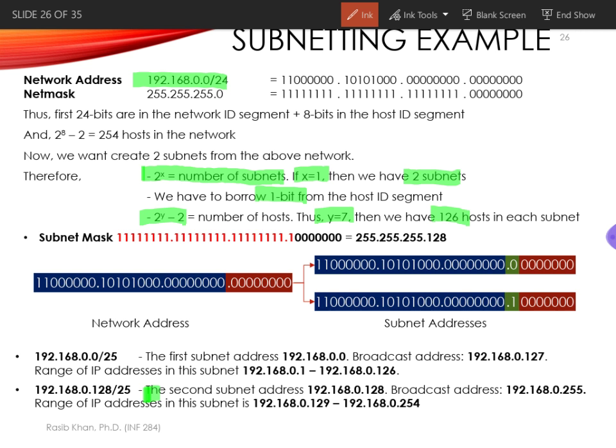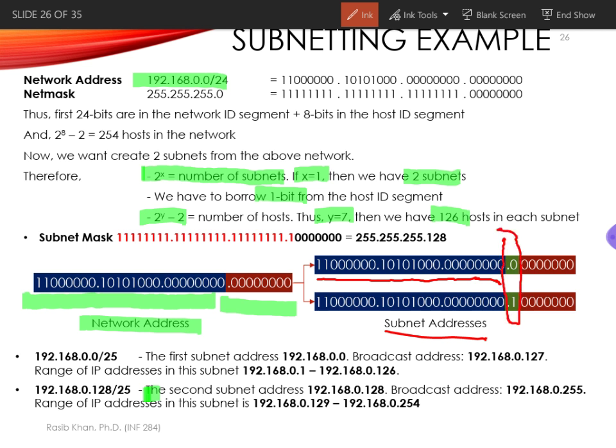So if we have our original network address like this, where these are the first 3 octets forming the network ID part, and the last octet is the host ID, and we would like to create 2 subnets, we leave the network ID part the same, but now we can borrow 1 bit and flip it between 0 and 1 for the 2 subnets.